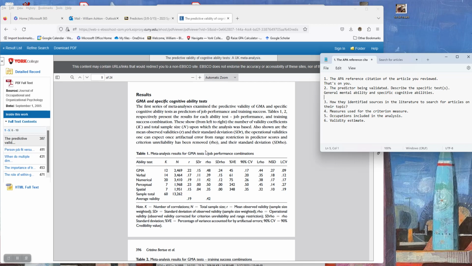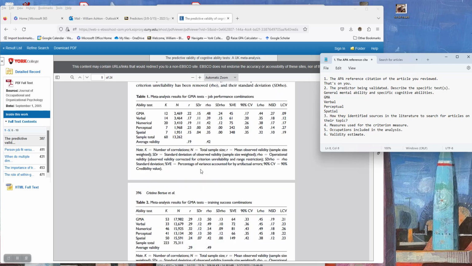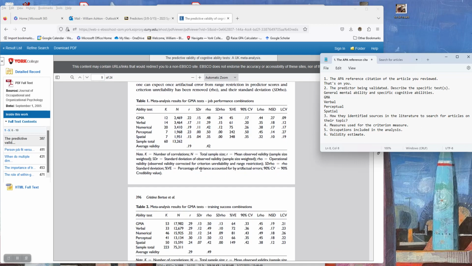This table, and tables summarize information, and that's what they're doing right now. I would guess from this table, the specific tests are one for GMA, and then we have verbal, perceptual, and spatial.